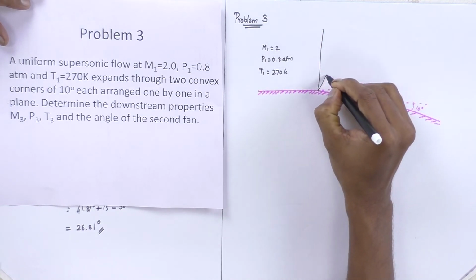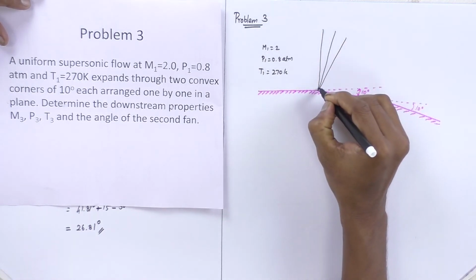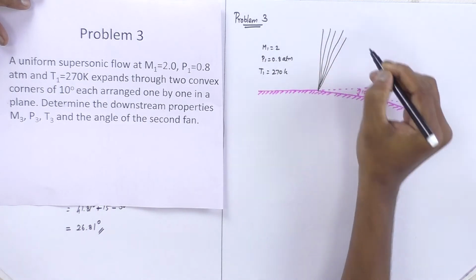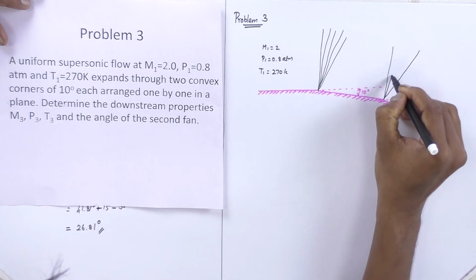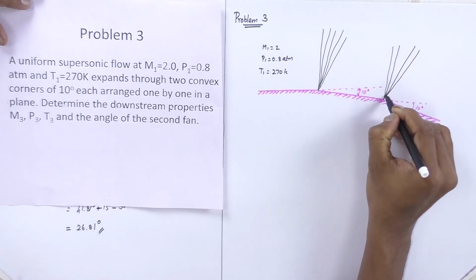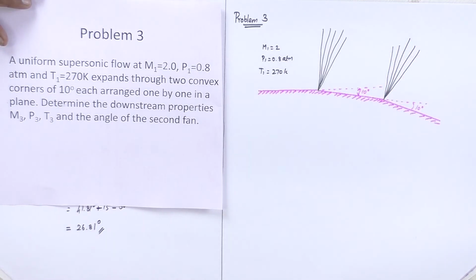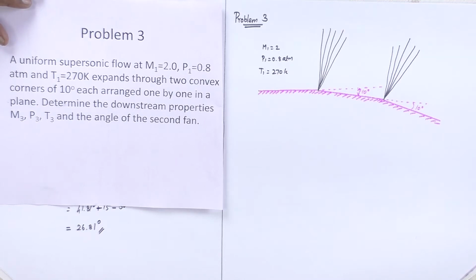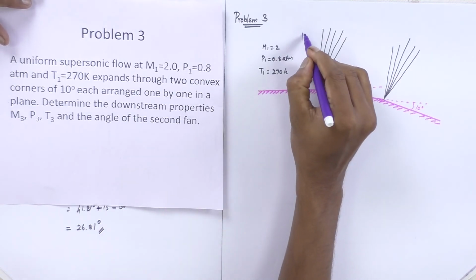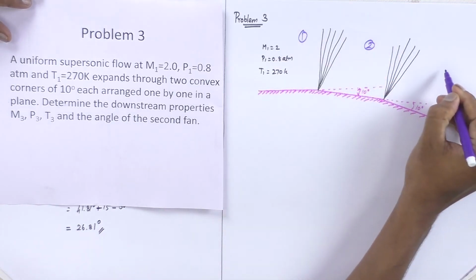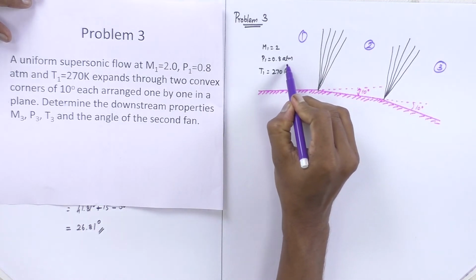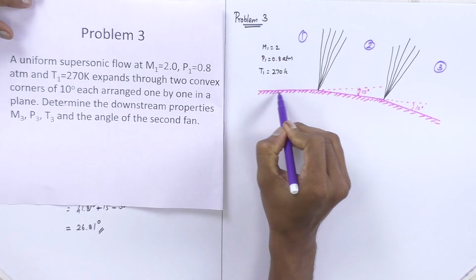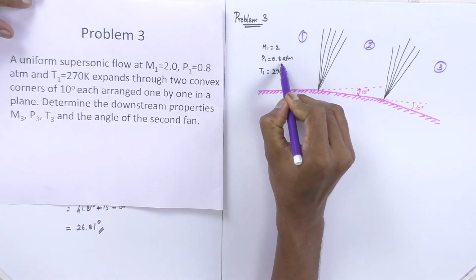One is at this corner, and another one will be at this corner. Let's say this is region 1, this is region 2, and this is region 3. The flow direction will be parallel to this surface.